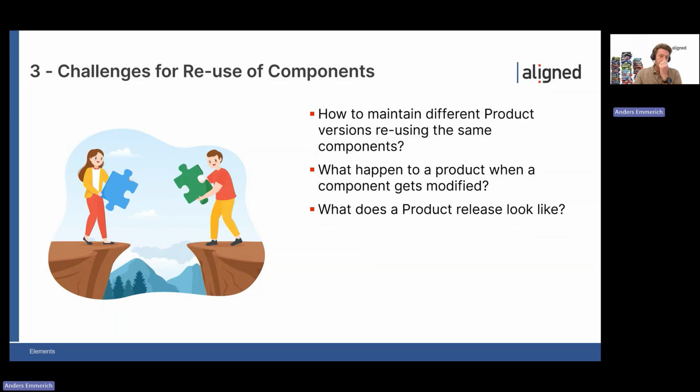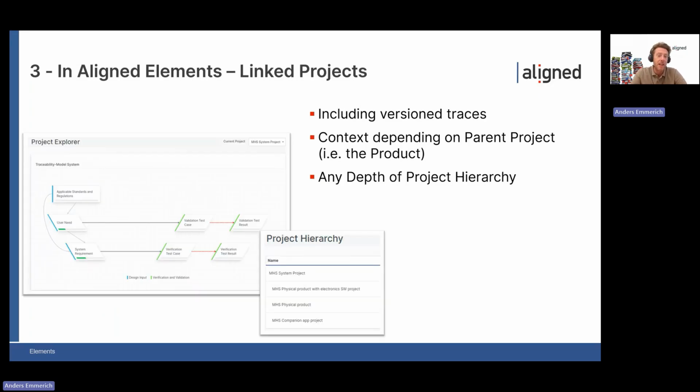Now, for all of these challenges, we of course already have built-in functionality in Aligned Elements. We have a feature called linked projects. We always version traces, so it's not enough to just version design items as such.